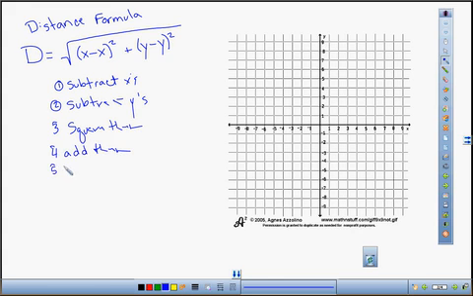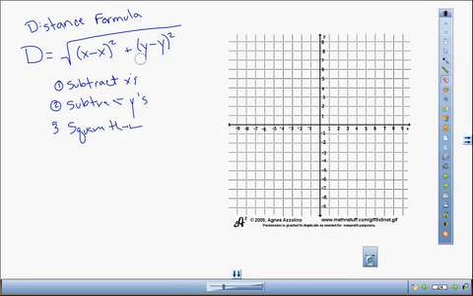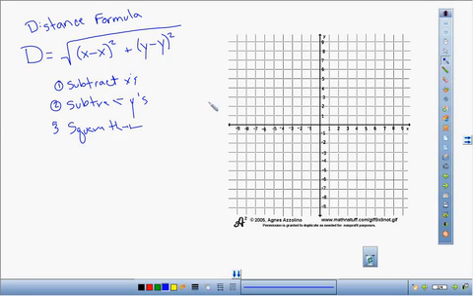I don't know why my board is acting up. Alright. Those last couple got a little rough. But this is the idea. Subtract your x's, subtract your y's, square them, add them, take the square root.